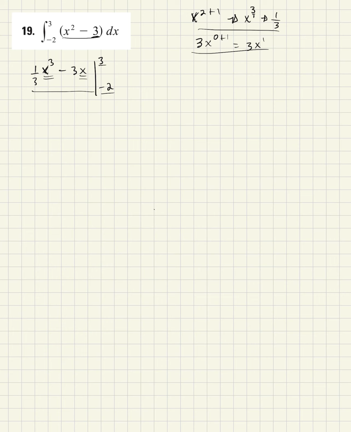So like I said, that's going to be 1 over 3, and this will be 3 raised to the 3 minus 3 times 3. Okay, let me put this in a bracket, minus 1 over 3. In this case, I'm gonna have -2 raised to the 3 minus 3 times -2.